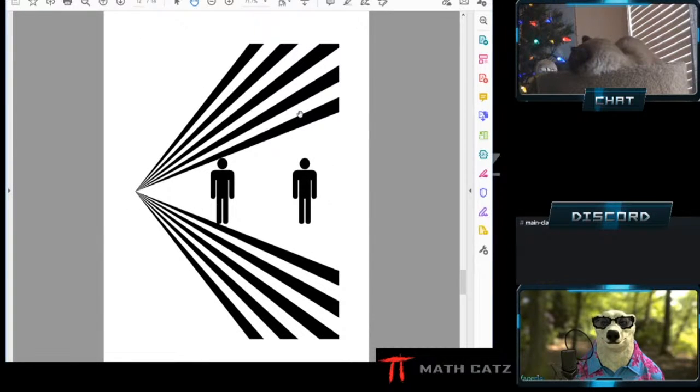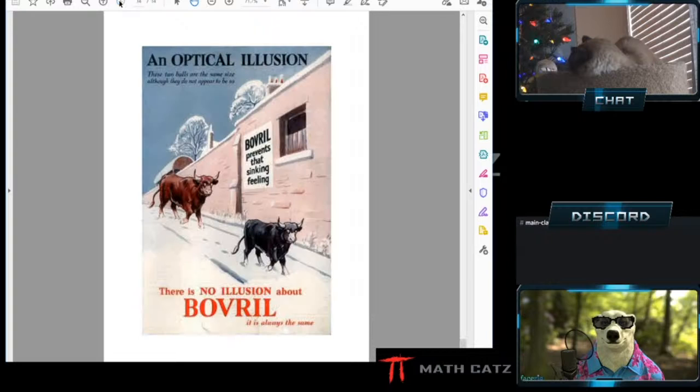Some things you might have seen, the presence of these lines make the left guy appear larger than the other guy, but it's the same guy. And the positioning of the wall with the bulls make the brown one seem bigger than the black one.